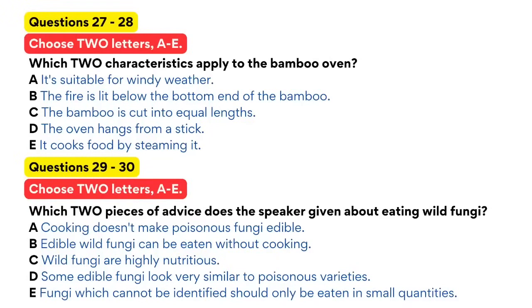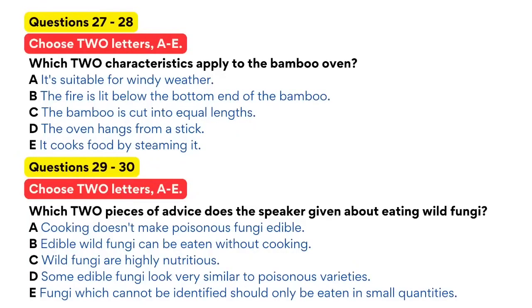You get a length of bamboo, which, as you probably know, is hollow and consists of a number of individual sections with a wall in between. You use a sharp stick to make a hole in each of the dividing walls apart from the end one. Then you lean the bamboo over a fire, with the top propped up by a forked stick and the bottom sitting on the ground.